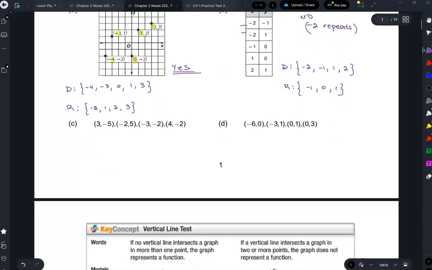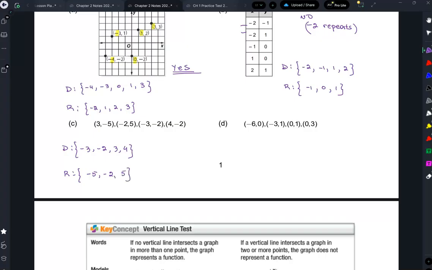Okay. So here, what's the domain? -3, -2, 3, and 4? Yeah. And then what's the range? -5, -2, 5. Is this a function? Yes.